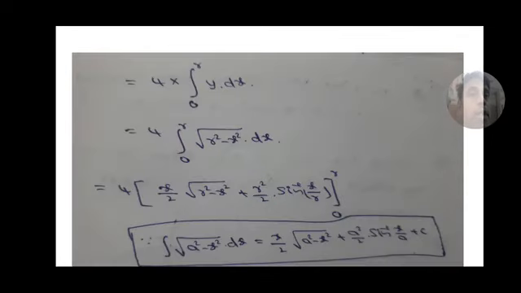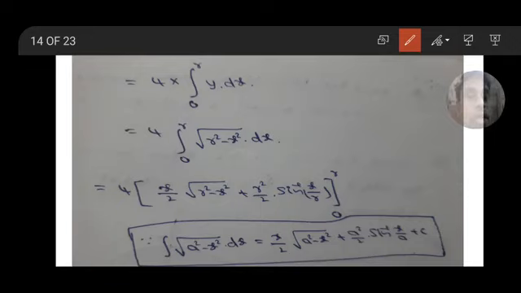If you substitute the upper limit r, what happens? r by 2 into square root of r square minus r square, it becomes 0, and r square by 2 into sin inverse r by r.